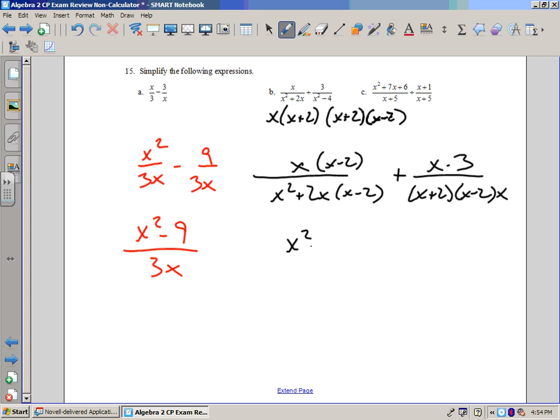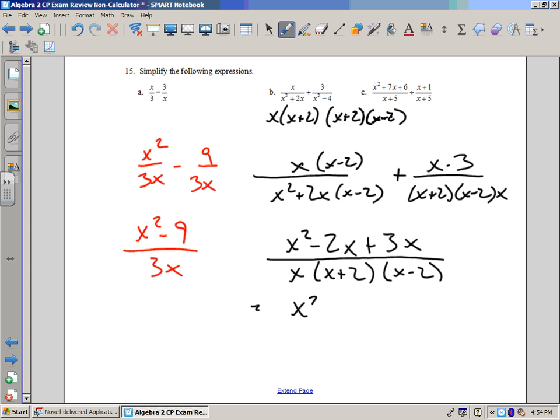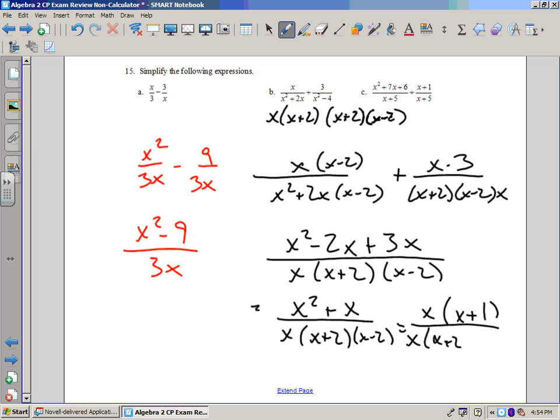So I end up with x squared minus 2x plus 3x over x times x plus 2 times x minus 2, which is equal to x squared plus x over x times x plus 2 times x minus 2, which is equal to x times x plus 1 over x times x plus 2 times x minus 2.